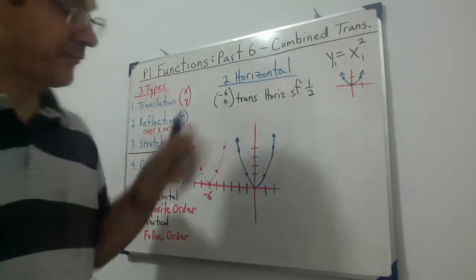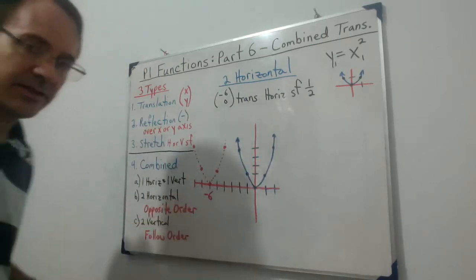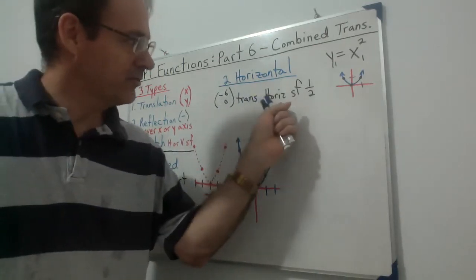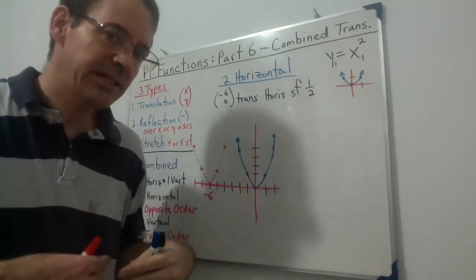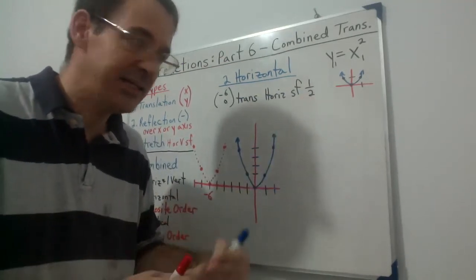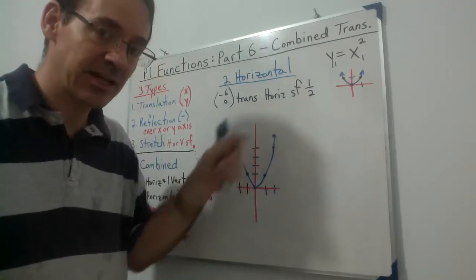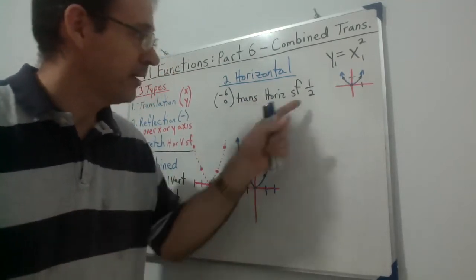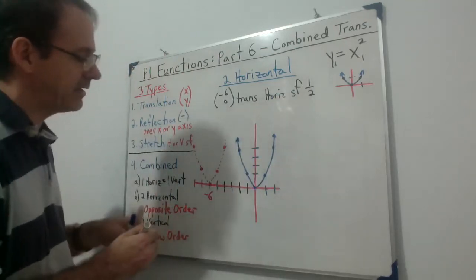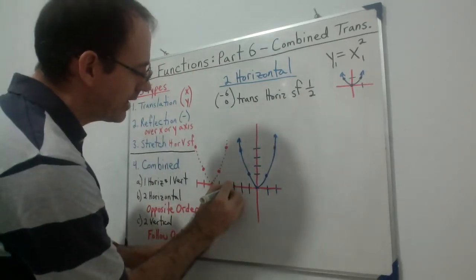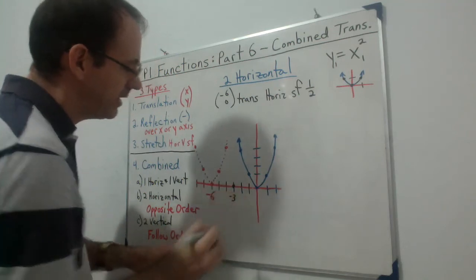Okay, so just highlighting our key points here, reference points. So now we've done the first one and we're following the advice here. Now we're going to do the scale factor of 1/2. That means we need to multiply each x, because this is horizontal, each x value by 1/2. So if we take half of -6, now we are on -3.